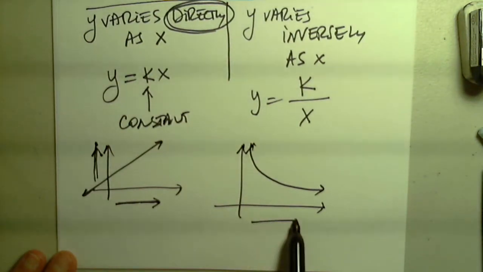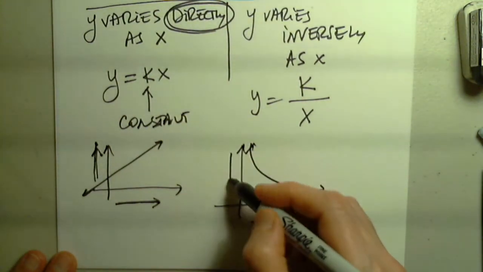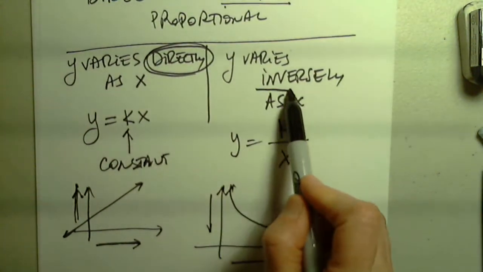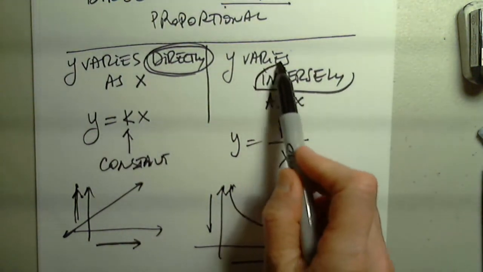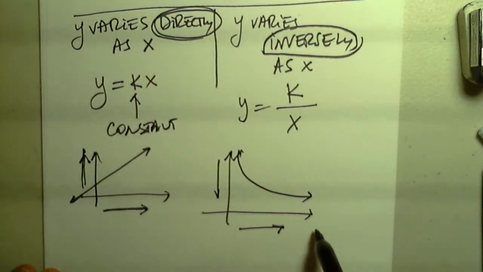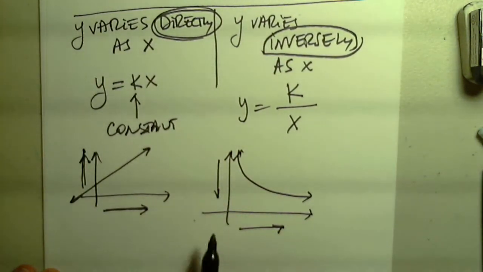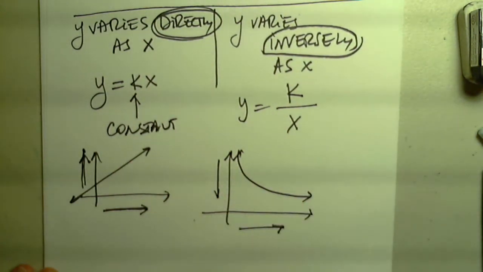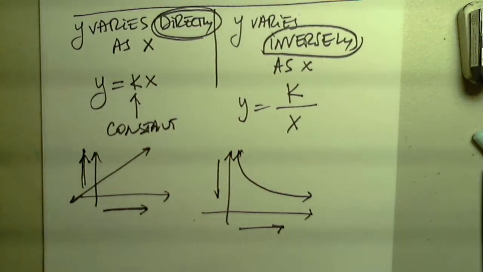As you see, as x increases, y decreases. They don't vary directly, they vary inversely. When one increases, the other one decreases. Same thing here, they go in the same direction, but here inverse. So now we're ready to work on an example like this.